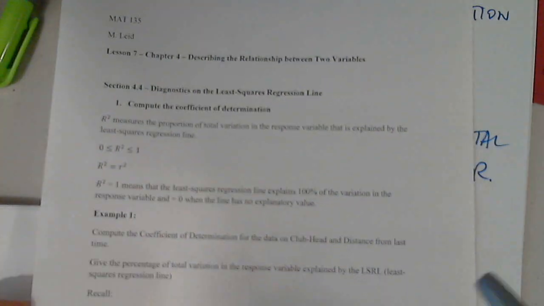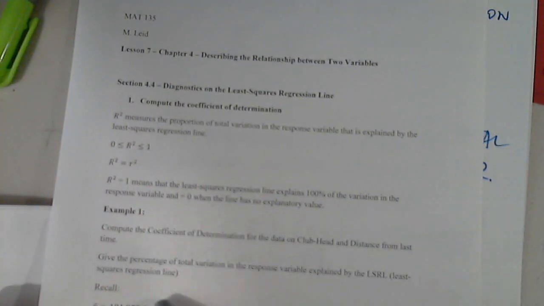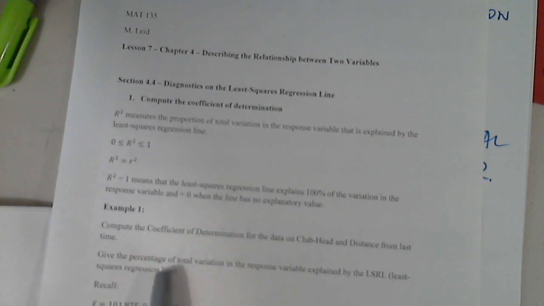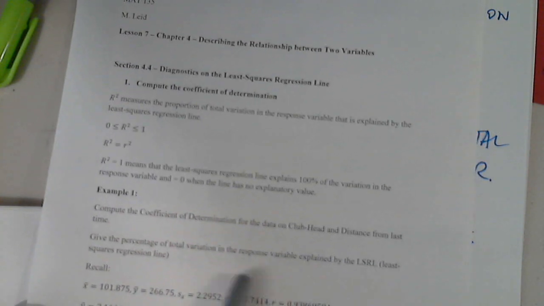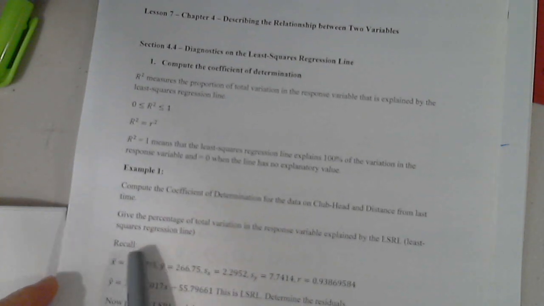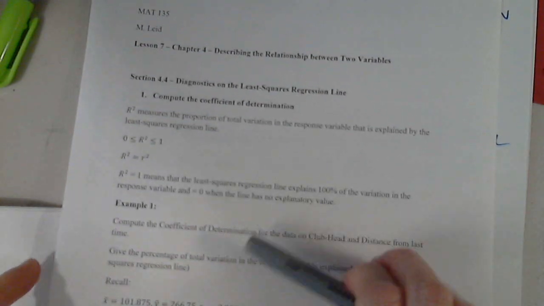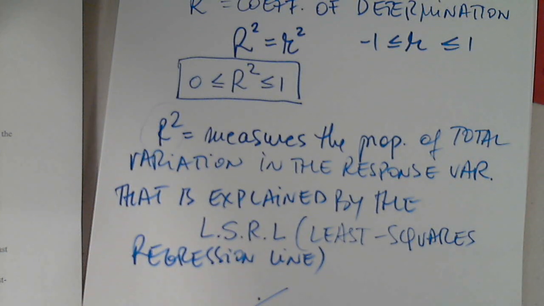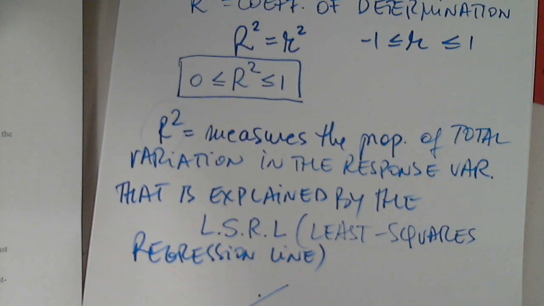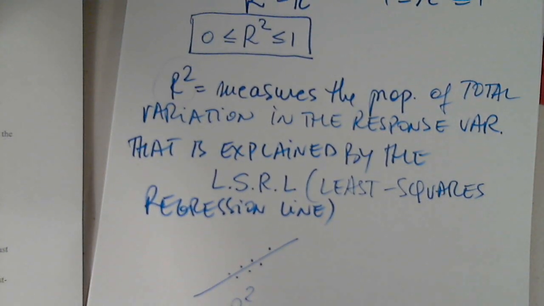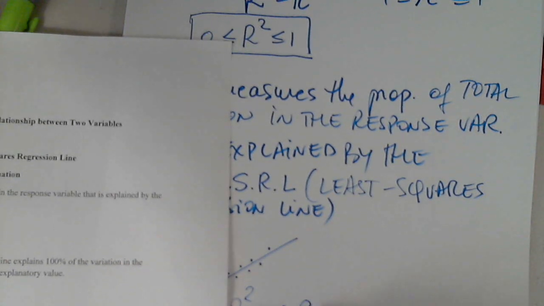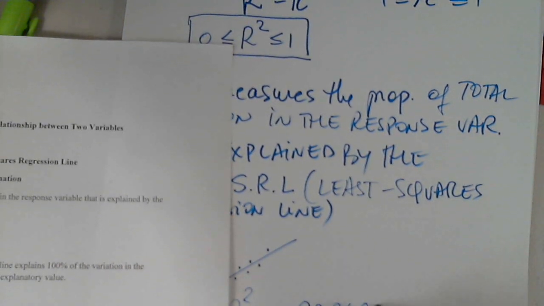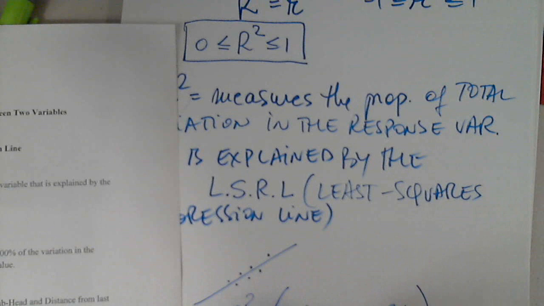So for the previous example that we worked on, for the club head and the distance, we're asked to find the percentage of total variation in the response variable. In other words, we are asked to find r squared, the coefficient of determination. And I have 0.93869584 that needs to be squared.